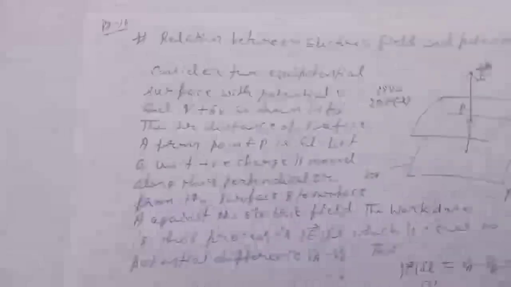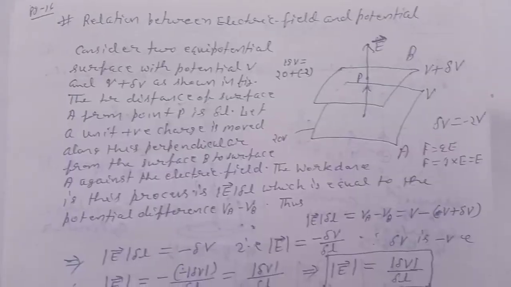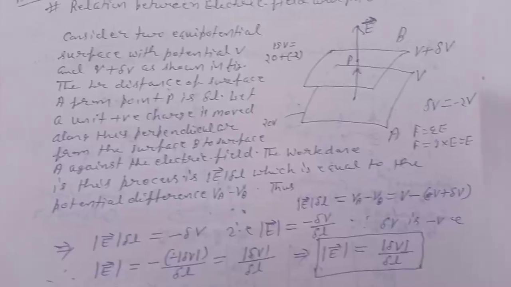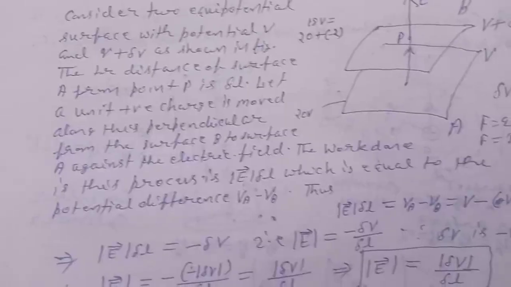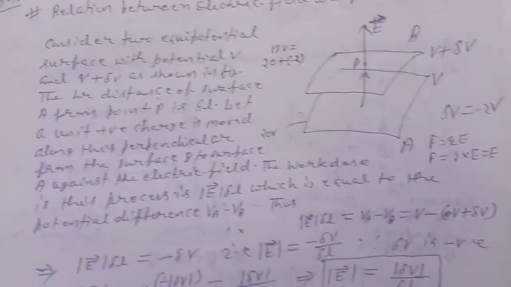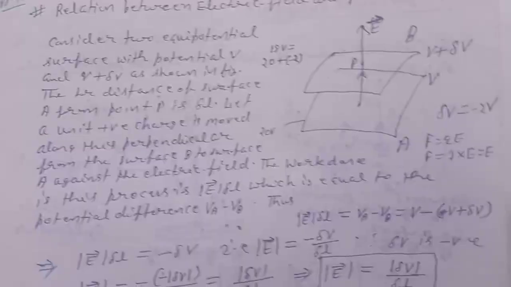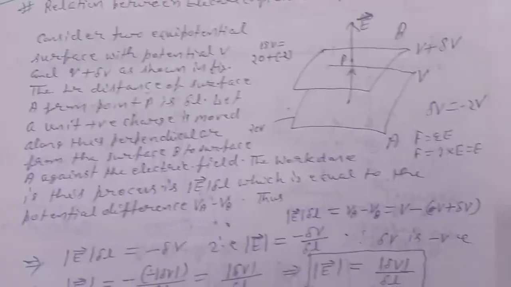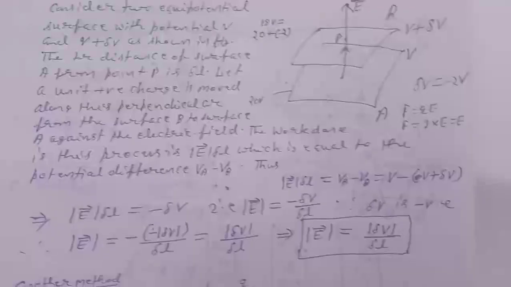Next, relation between electric field and potential. Consider two equipotential surfaces with potential V and V plus delta V as shown in figure. The perpendicular distance of surface A from point P is delta L. Let a unit positive charge be moved along this perpendicular from surface P to surface A against the electric field.